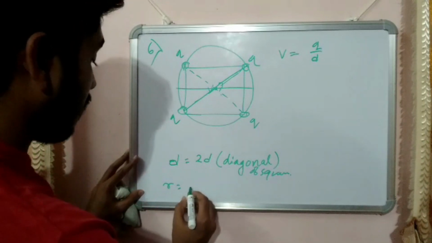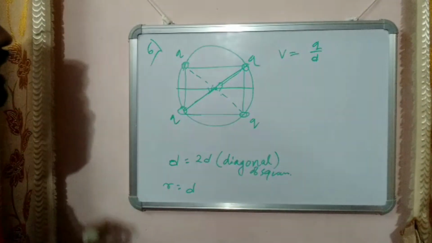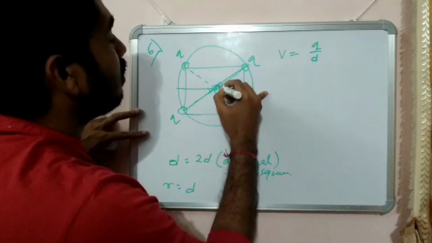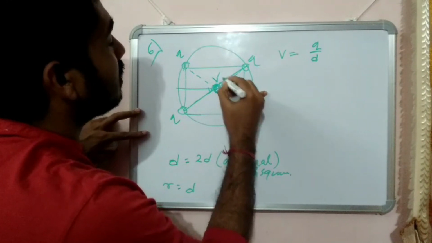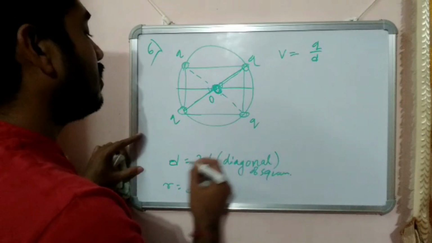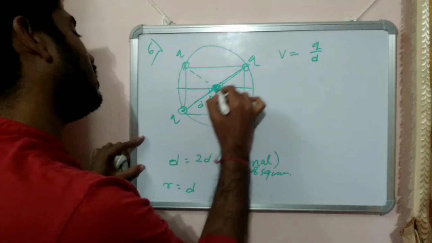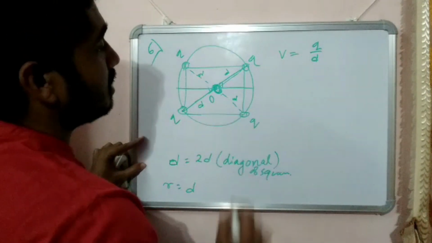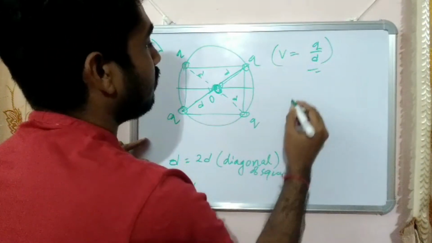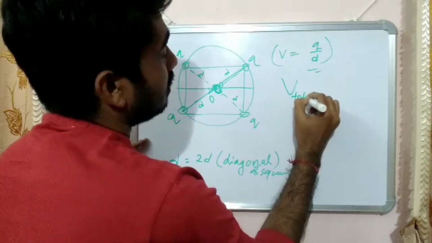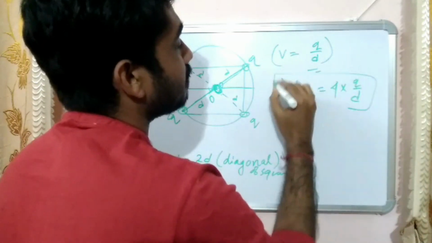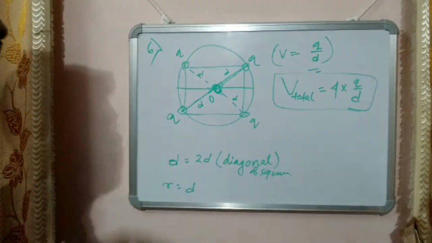So the radius is equal to D, and to calculate the potential we put a test charge at the test point here, suppose V O. From this to this the distance is D, this is also D, this is also D, and this is also D. So for a single charge the potential is Q by D, and for all, V total is 4 charges into Q by D. So simple, isn't it? But they will make you confused.